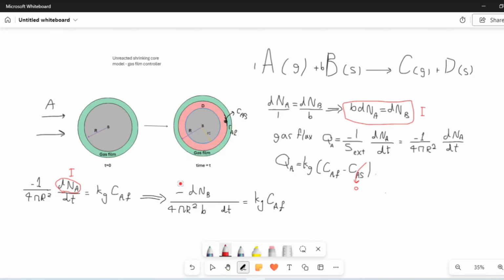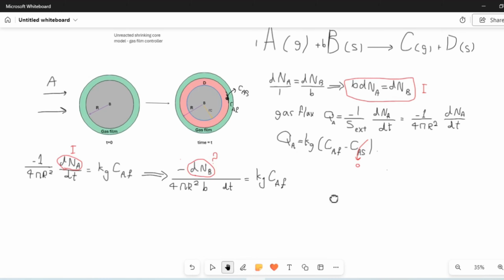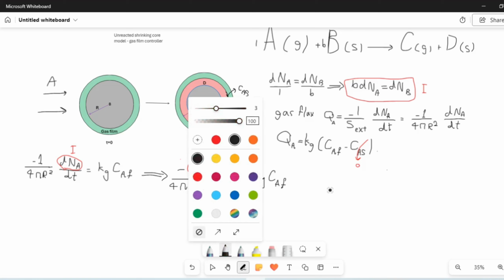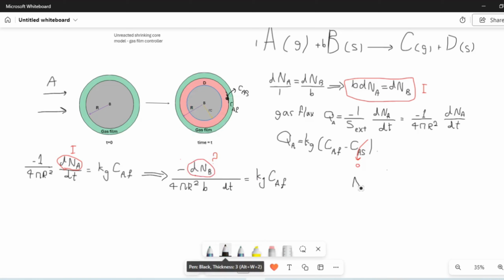Now we need to know how we can calculate the dNB to make a connection between the unreacted core and the moles of solid particle. So we know that NB can be expressed as a molar density rho B multiplied by the volume of the pellet VB.